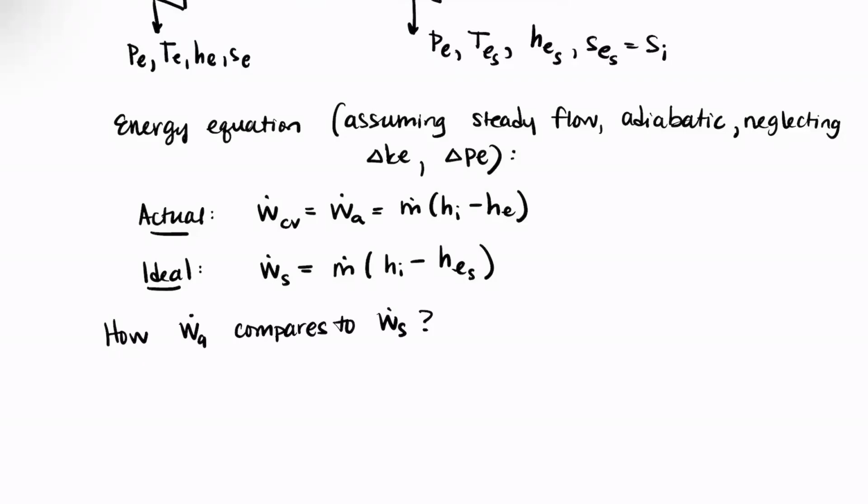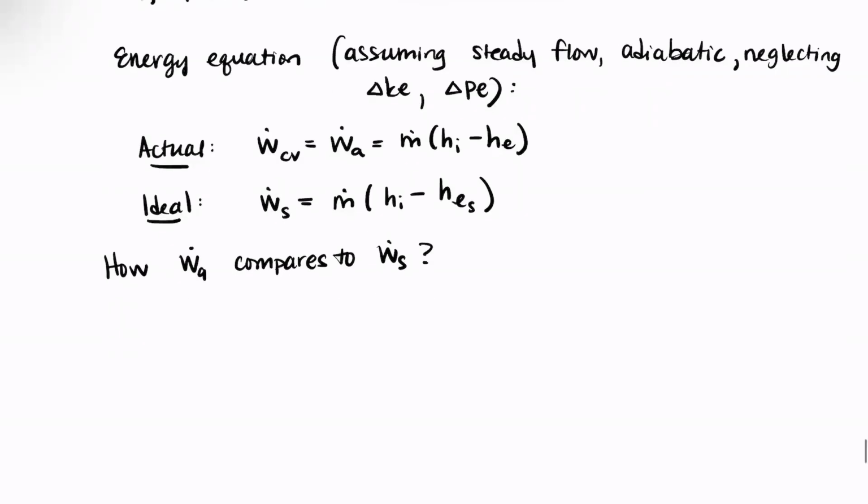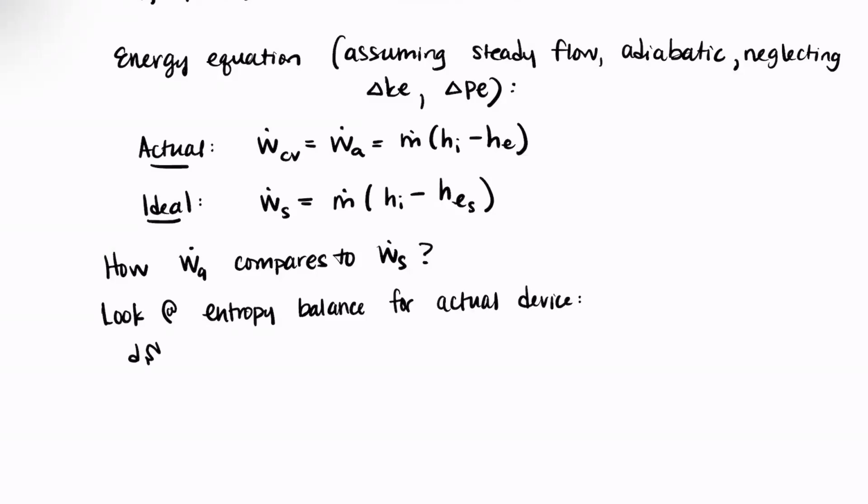All right. And so to do this, we're going to consider the entropy balance for the actual turbine. So we're going to look at the entropy balance for the actual device, which is given by the following.